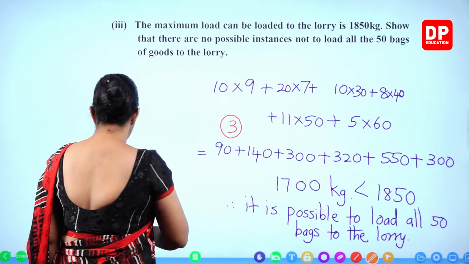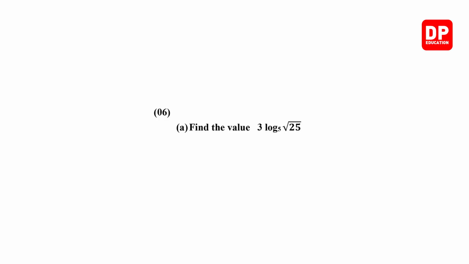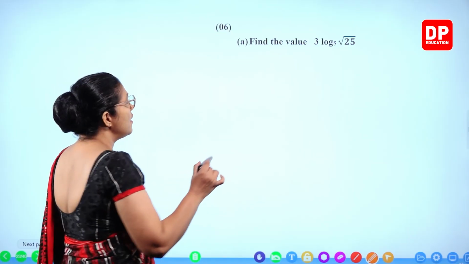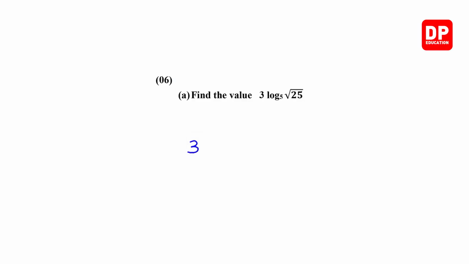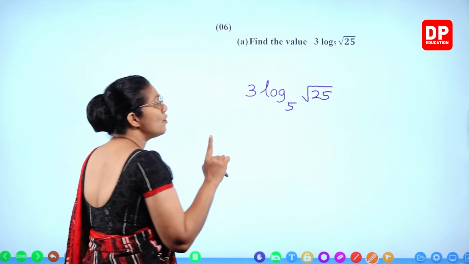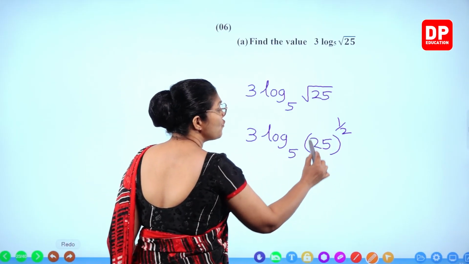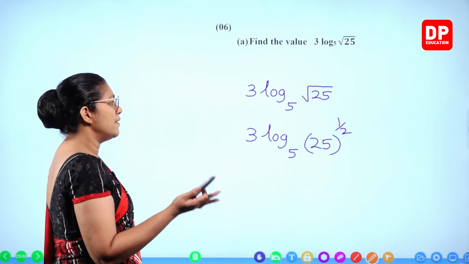Part A, find the value of 3 log 5 base root 25. So let's take 3 log 5 base root 25. What is root value? Root means power half. So you can rewrite this as log 5 base 25 to the power half. Then what can you do? So here, square root of 25. What is square root of 25? That's 5.